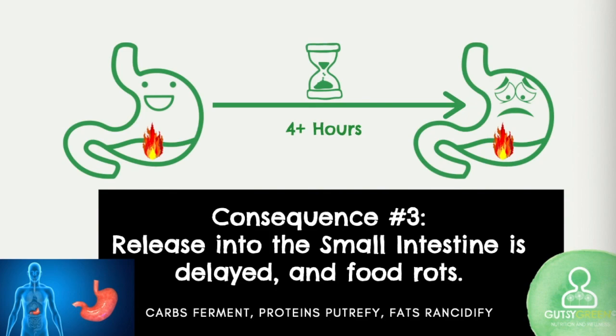And while the stomach's structure is designed to be able to withstand an acidic environment for 2 to 4 hours while food breaks down, it is not designed to withstand continuous windows of time exposed to these potent acids.